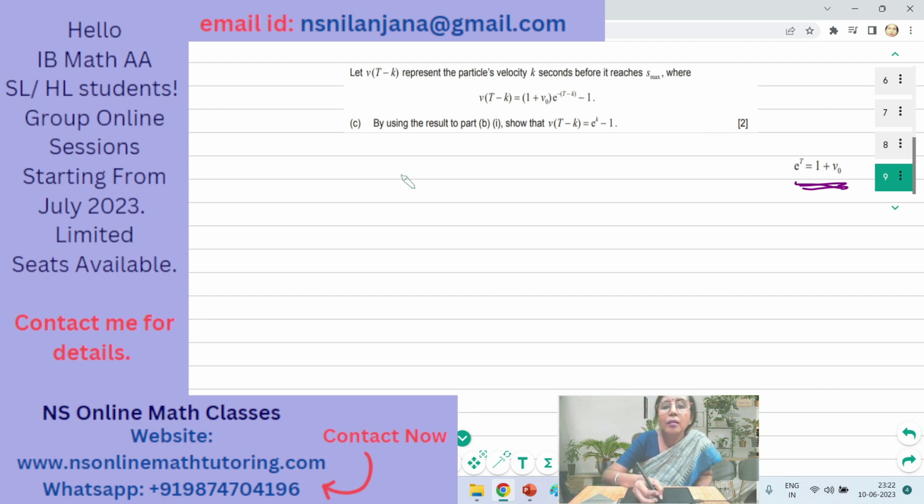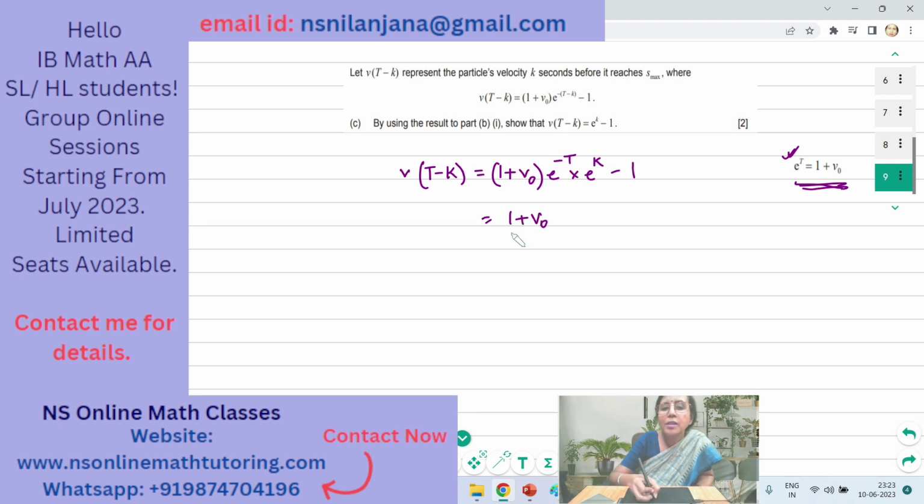So let us write the expression first of all. So this is 1 plus V0. And I'm separating because I need e to the power of negative T. So I'm separating: it is e to the power of negative capital T, times e to the power of k minus 1. So I can bring this down.